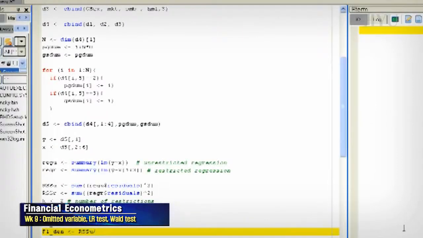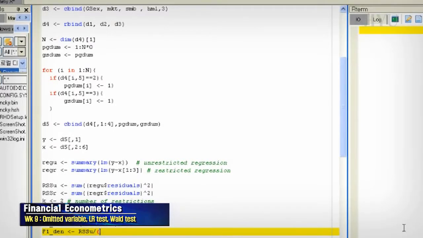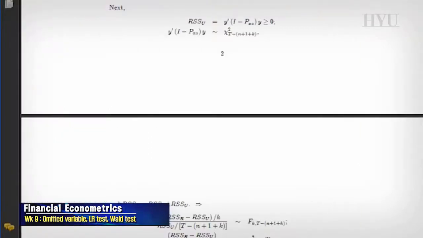Instead of T, what should we put here? It should be N, right? T is the number of observations, so in our case the number of observations is big N. What does the small n mean? The number of regressors.